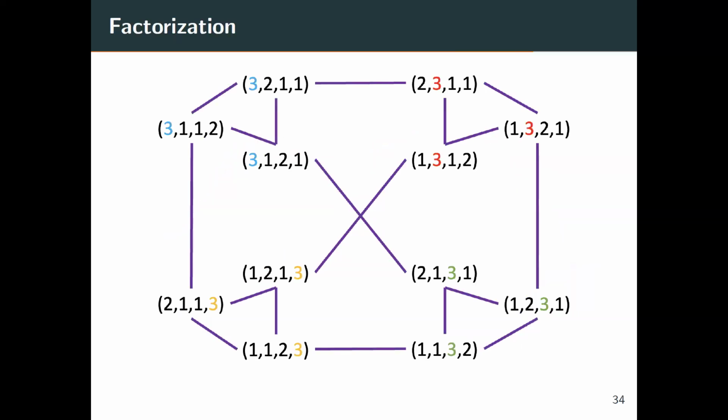Instead of fixing the number one, two, or three on the first entry, we will look where a certain number appears.